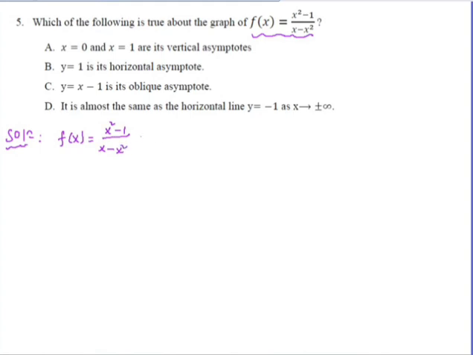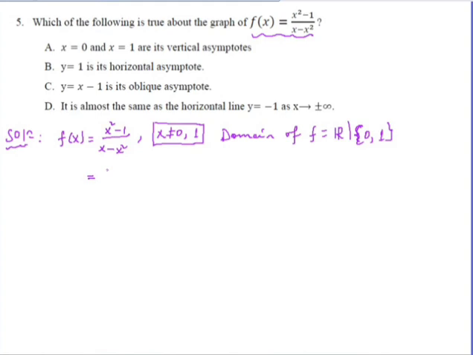So this function is not defined at x equals 0 and 1. So this is our restriction, or the domain. The domain of f is all real numbers except 0 and 1.